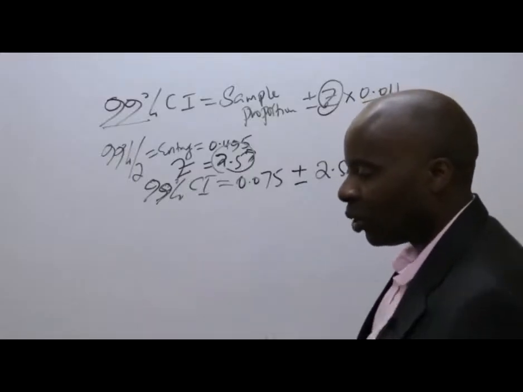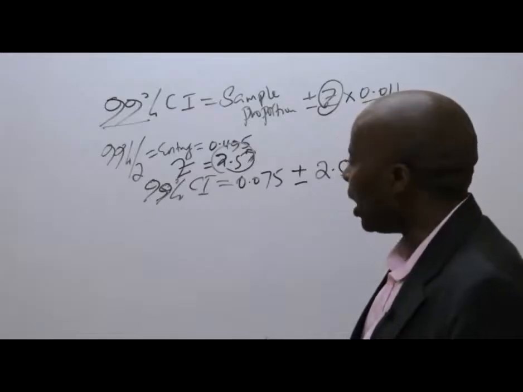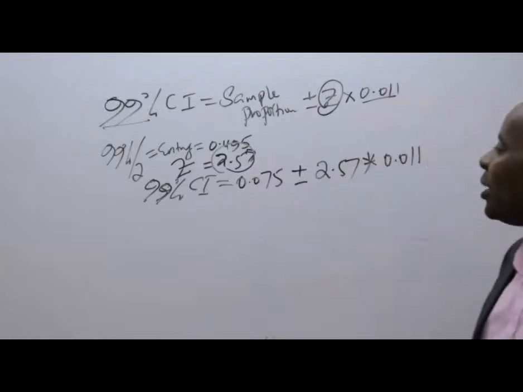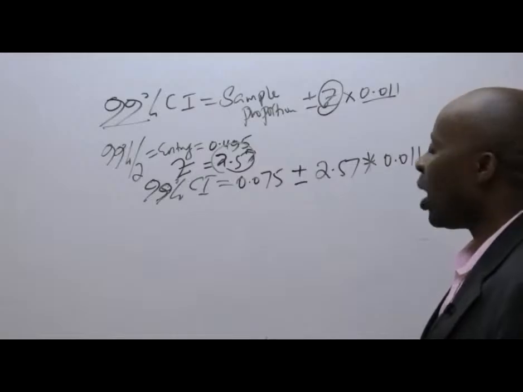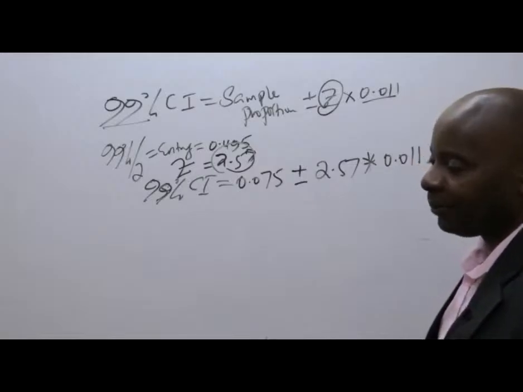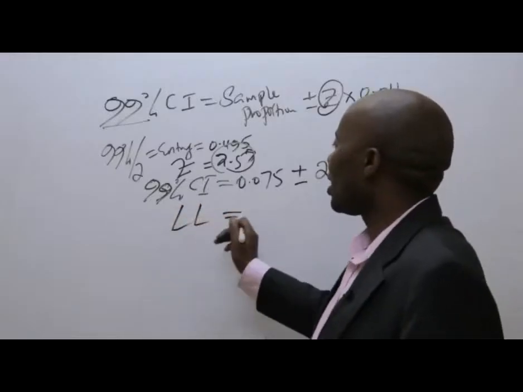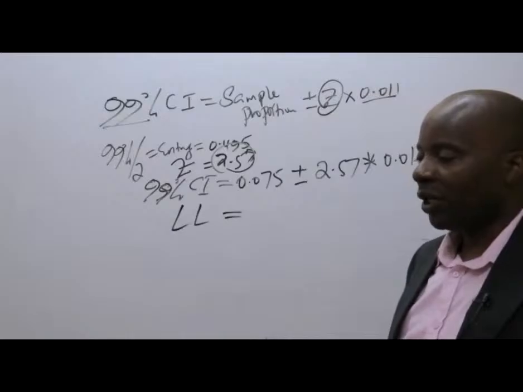Remember, to get the lower limit, what you'll do is subtract. You'll take 0.075 minus 2.57 times 0.011. So come here and give us the lower limit. What do we have here, somebody?